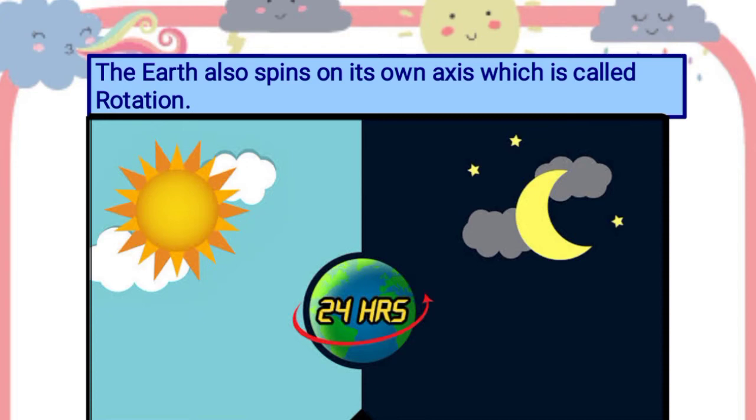Maybe you have observed that from Earth the sun looks like it moves across the sky in the daytime and appears to disappear at night. This is because the earth is spinning towards the east.